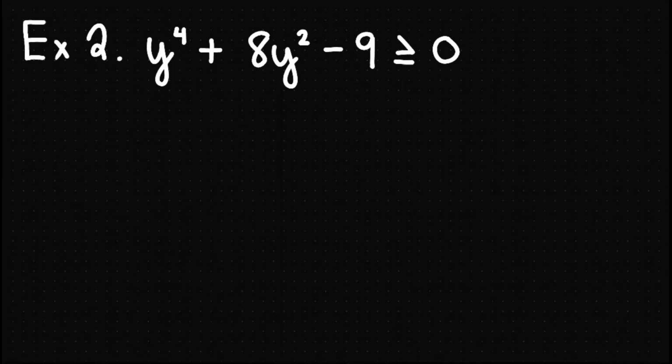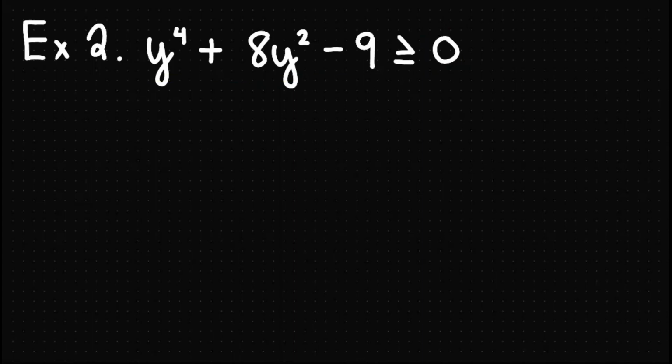So now we have y raised to 4 plus 8y squared minus 9 is greater than or equal to 0. Fortunately for this example, the right side of the inequality is already 0, so every term is already on this left side. So what we need to do next is to factor this one.